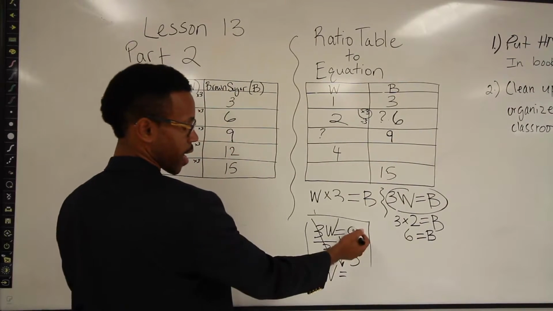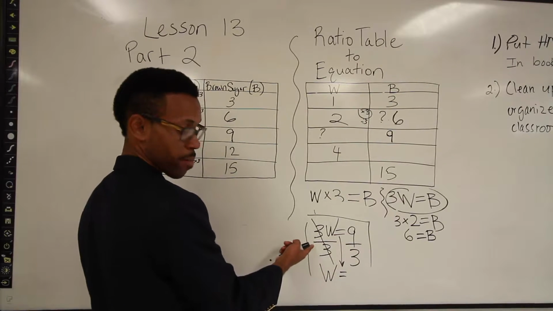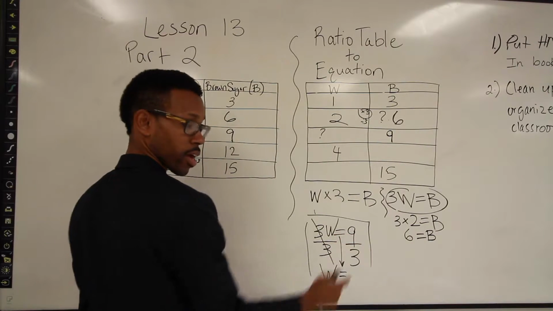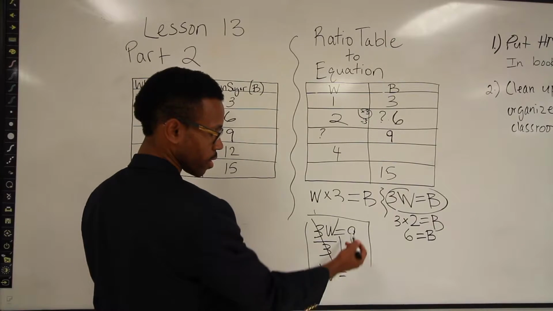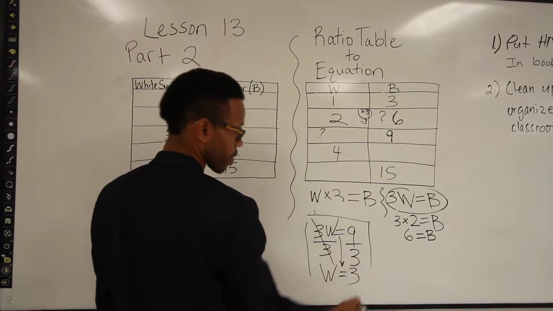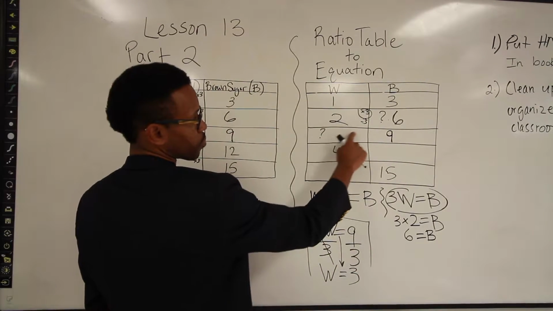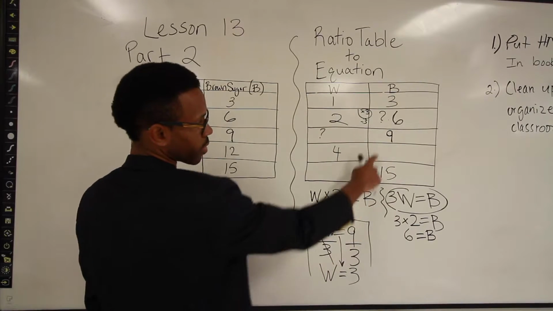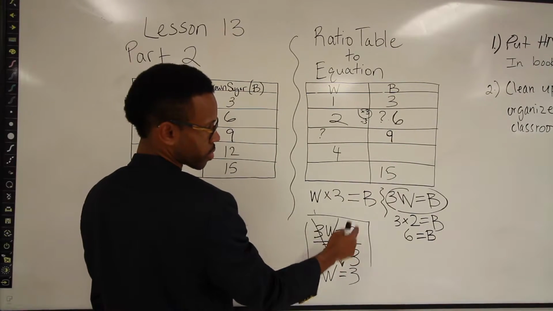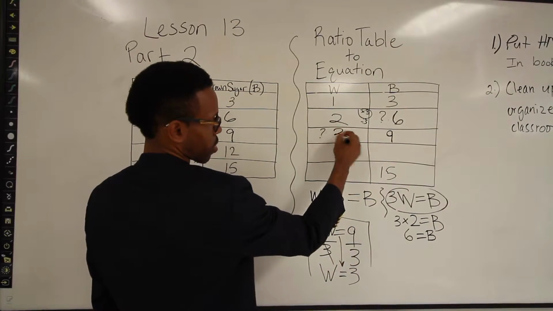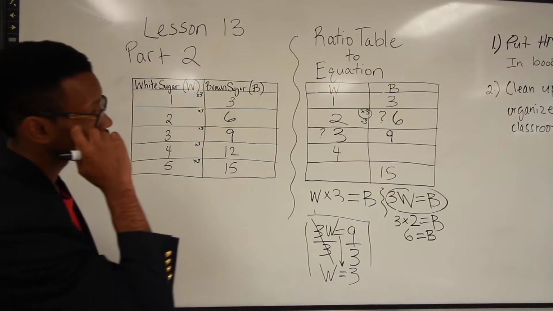Okay? 9 divided by 3. If I divide by 3 over here, I got to do the same thing on this side. 9 divided by 3 is what? 3. So for this portion of my table, we plugged in the 9 for B. And we figured out it would be 3 cups of white sugar.